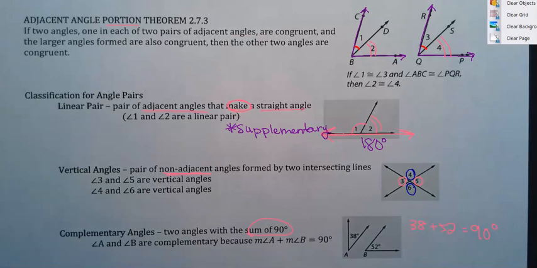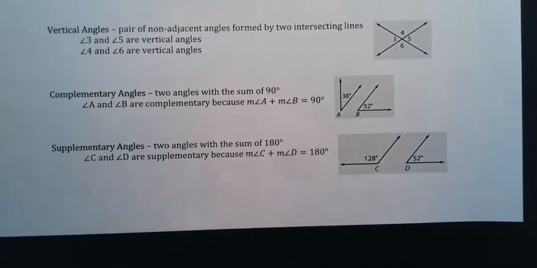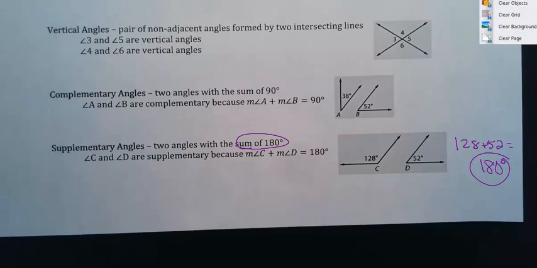So supplementary angles are two angles with a sum of 180. Here, 128 plus 52 equals 180 degrees, so they're supplementary. You will use all of these a lot this year. We're building lots of vocabulary this year.